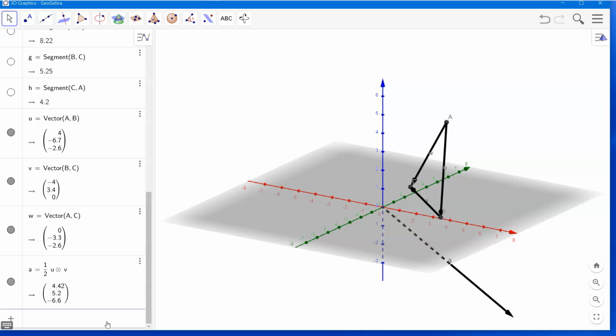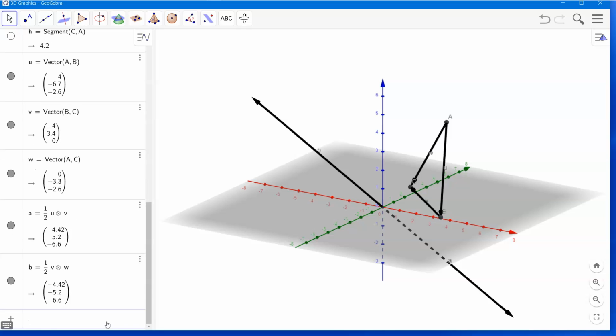Similarly, it doesn't matter which two vectors you use. You can choose any one of them. So let's take, okay, cross product of v, w, right? Similarly, 1 by 2 times the cross product of w, v.